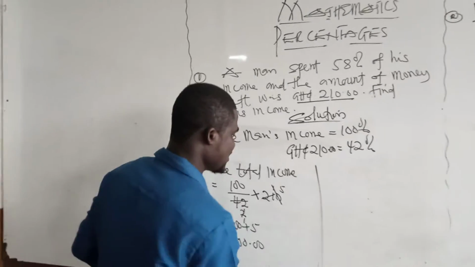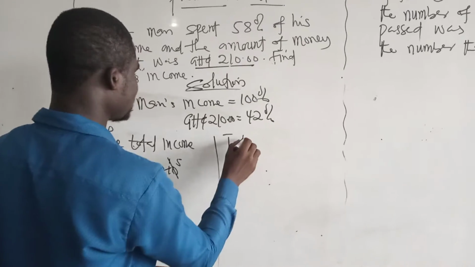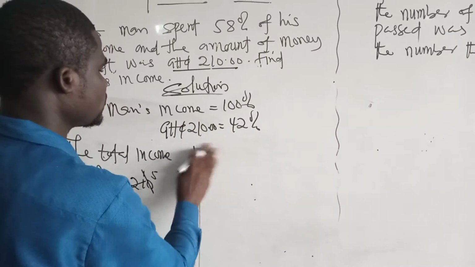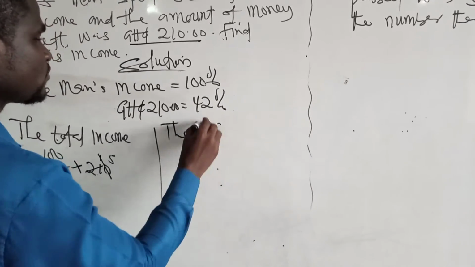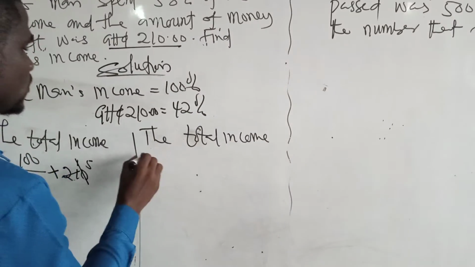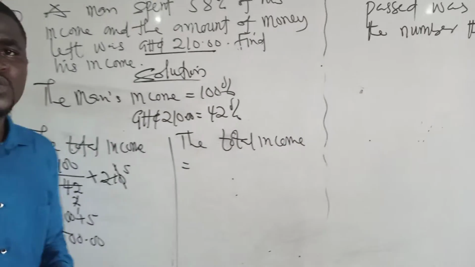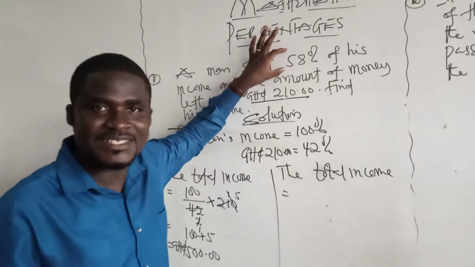Second method that you can use to get your answer. So, total income. Now, you can also do it this way. Find the amount spent.